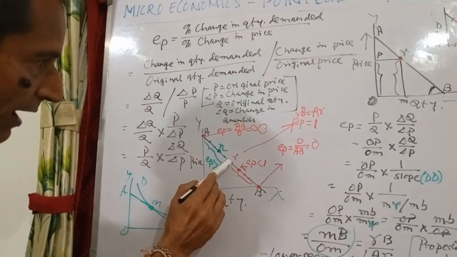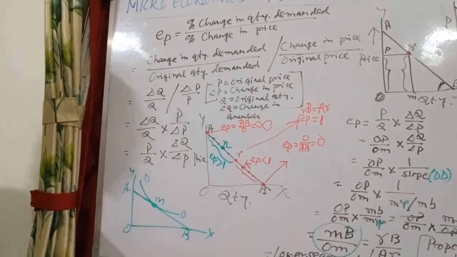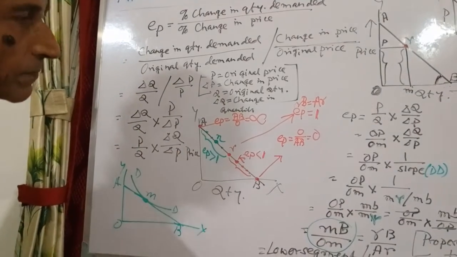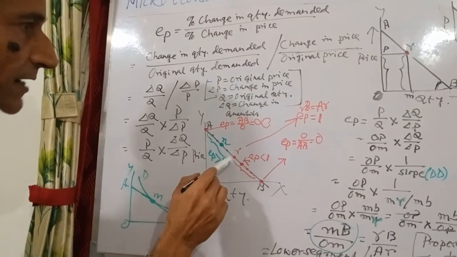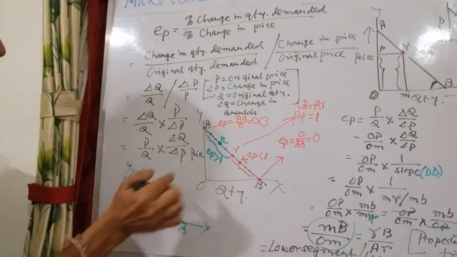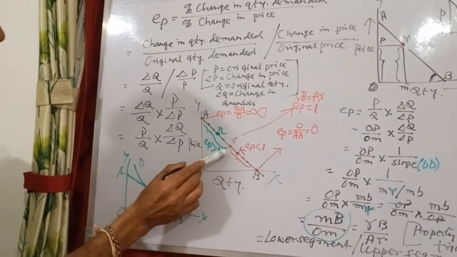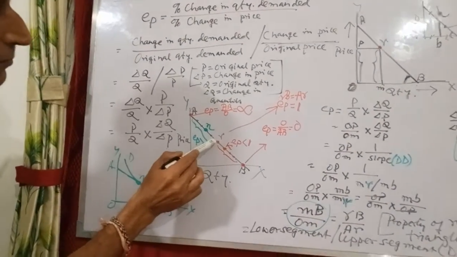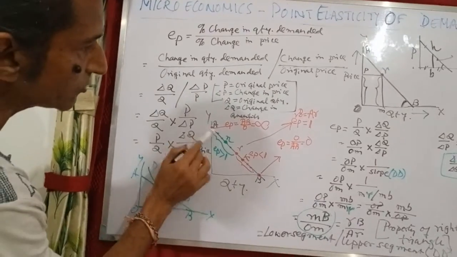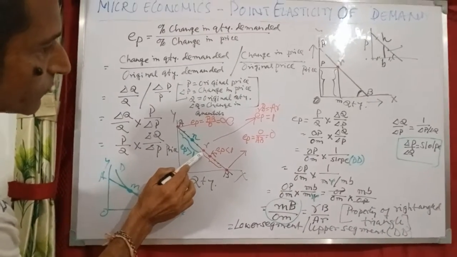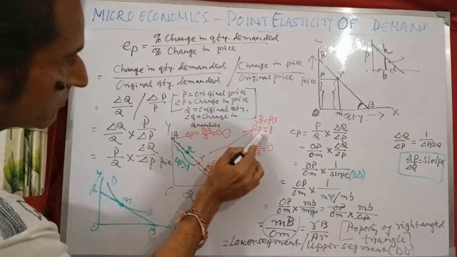If R is the midpoint of the demand curve AB, then elasticity at R is equal to RB by AR. Now R being the midpoint, RB will be equal to AR. Therefore, at this point, elasticity will be equal to 1.